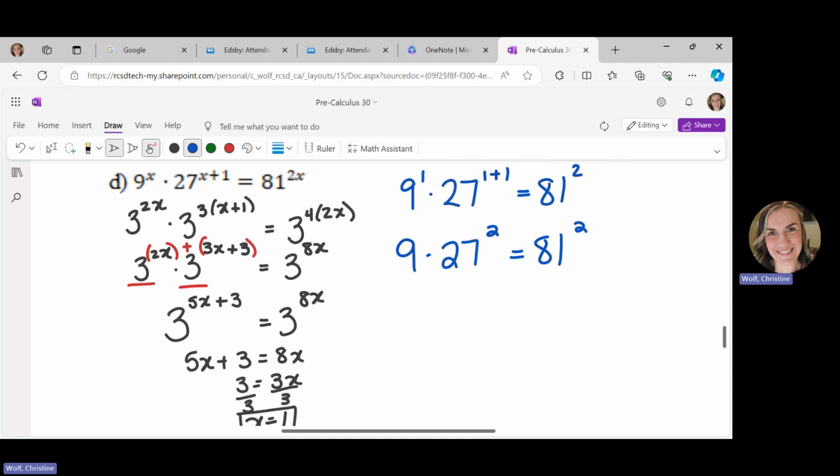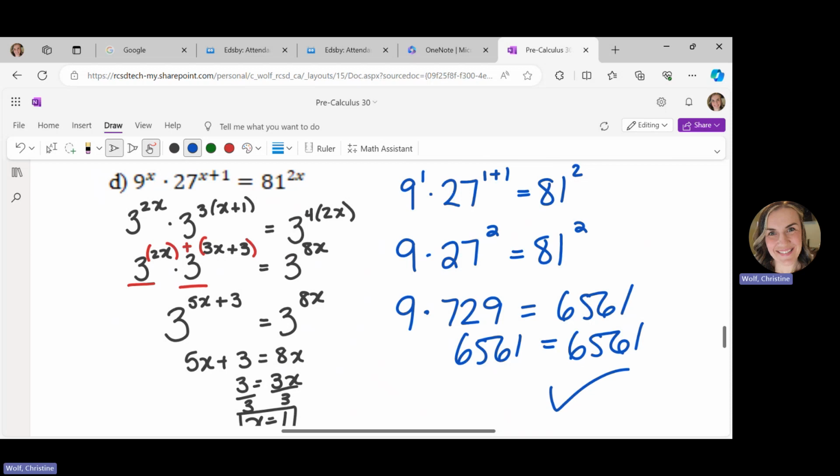And you just use your calculator to make sure it's true. Okay, 9 times 27 squared. I don't have my sheet. Is the 27 squared. So 729, and that equals 6561. And yes, we got it. The left equals the right.